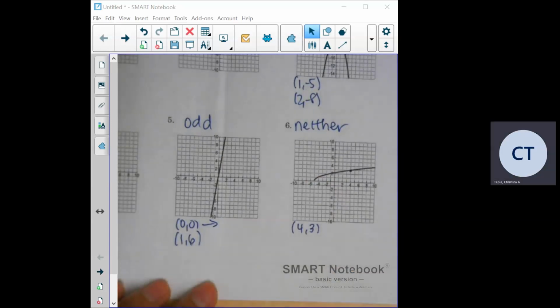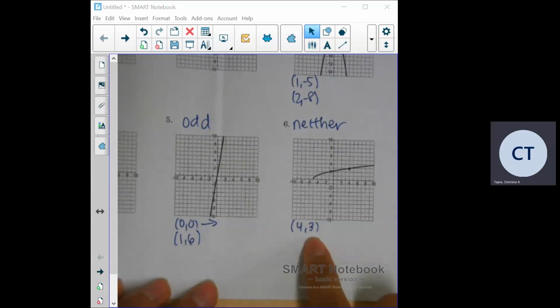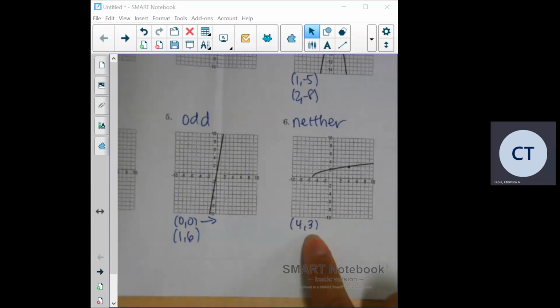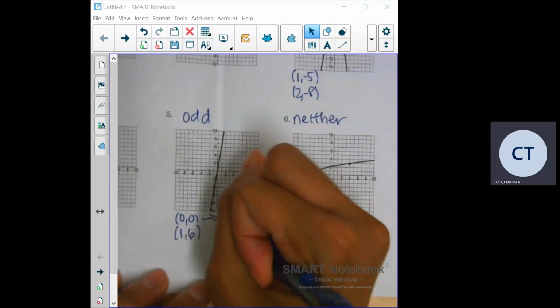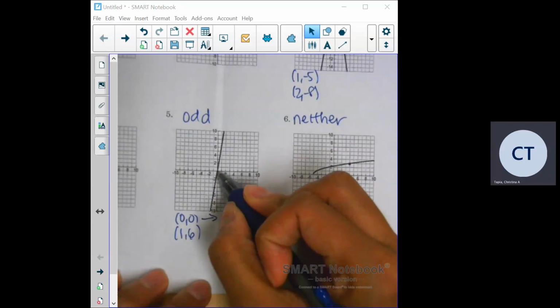You would still get 0, 0, but what about 1, 6? That's why I always try to pick more than 1 point. For this question, I really could only find 1 usable point, but that's why usually I have you pick 2 or more, because it can't be even and it can't be odd at the same time. It's either even or odd. For even, it would be 0, 0, which is pretty much the same point here.